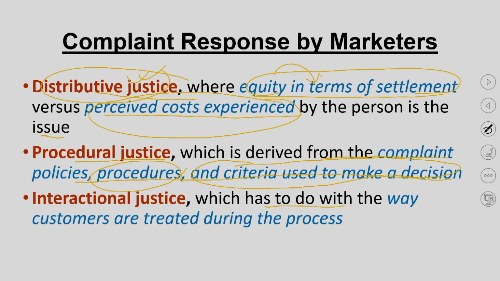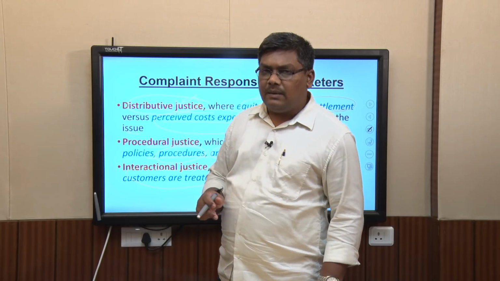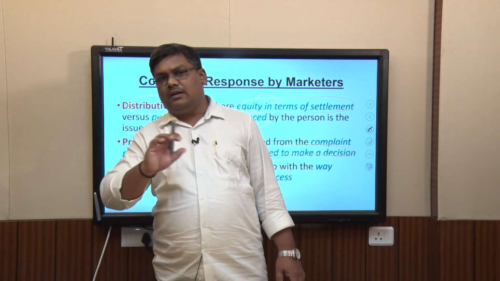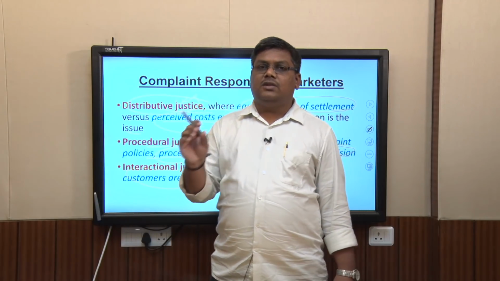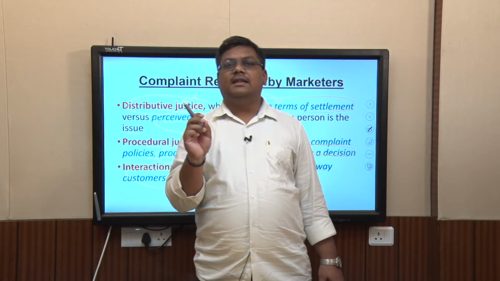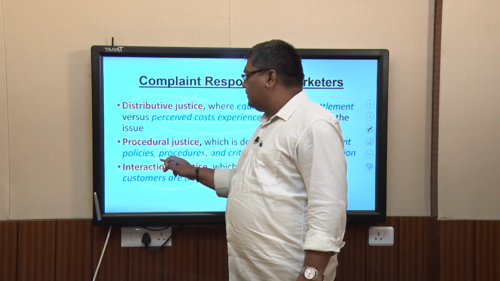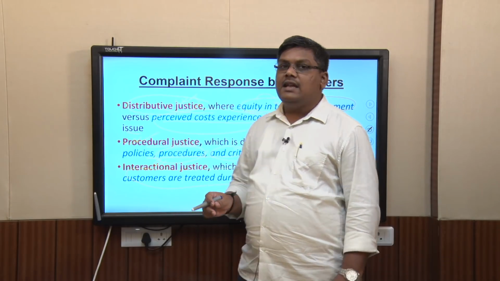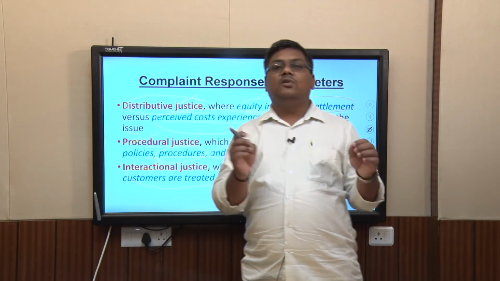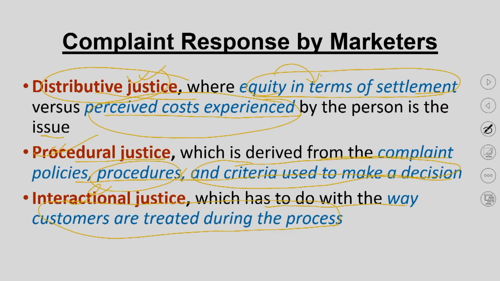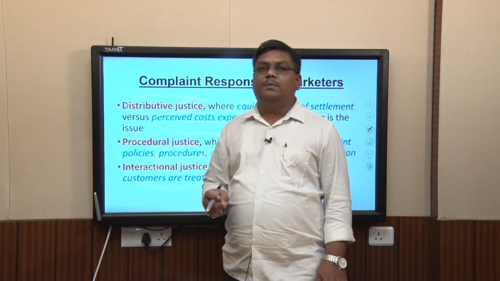What is that? It has to do with the way consumers are treated. If you can show that the decision the company has come to because you have complained, and the way of reaching that decision, is non-biased in some way, you have demonstrated procedural justice. But with interactional justice, sometimes the consumer just feels that he should be handled in a very nice manner when he is addressing a complaint, he should be treated right, and the whole complaint process should be smooth.